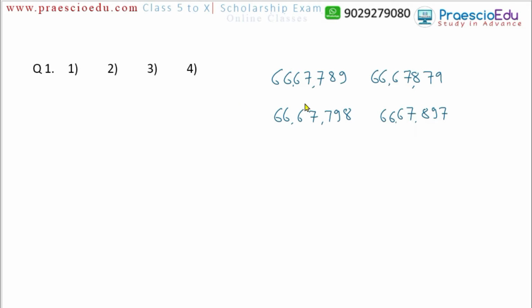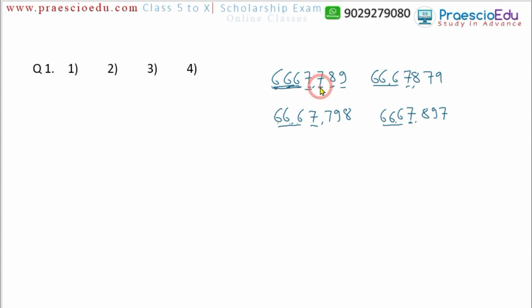For this, we look at the places: units, tens, hundreds, thousands, 10,000s, lakhs and 10 lakhs. The 10 lakhs, lakhs and 10,000 places, all six digits, are present in all the numbers, so we mark these as equal. After this there is a 7 again, so all the numbers have the 7.